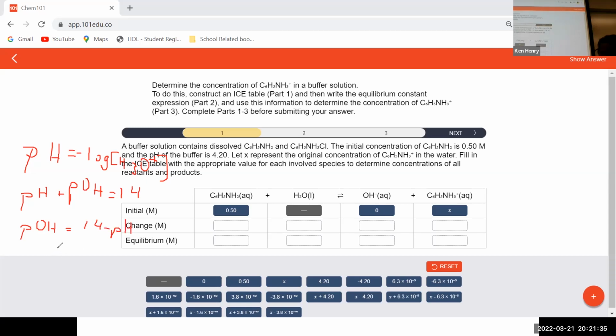So then that's 14 minus 4.2. So I get 9.8 is my pOH. So then how would I figure out the concentration of the hydroxide ion? How do I figure out the concentration of my hydroxide ion?